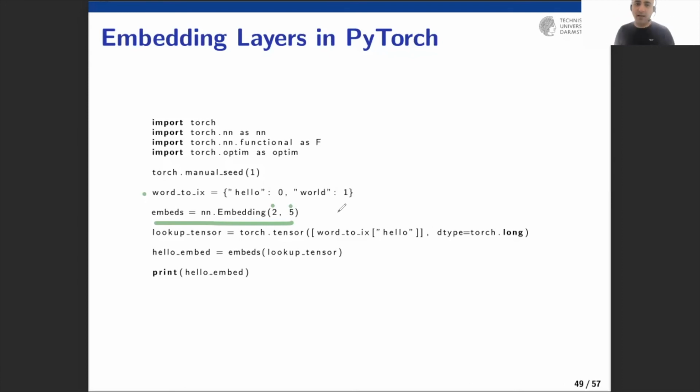Okay, and then we define a tensor. The input to the embedding layer, or to any neural model, is a tensor, which is a data type in PyTorch.